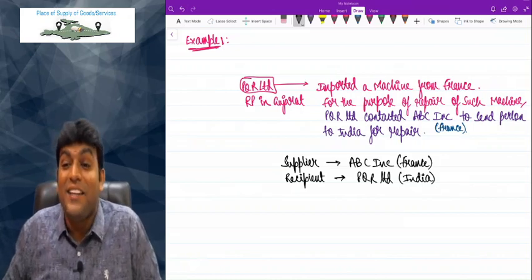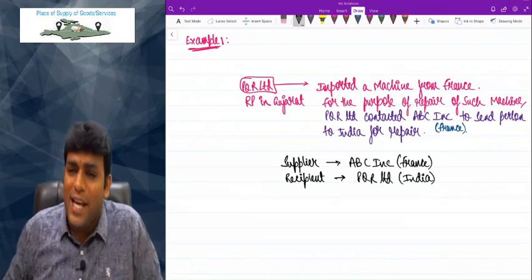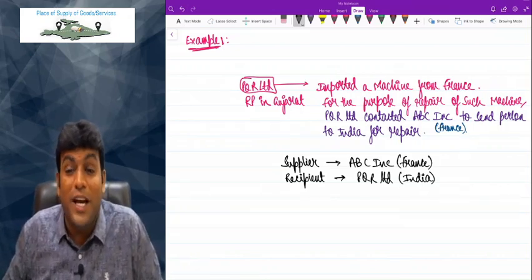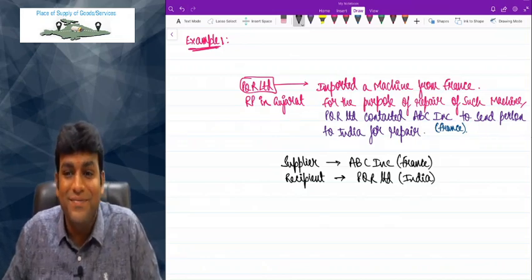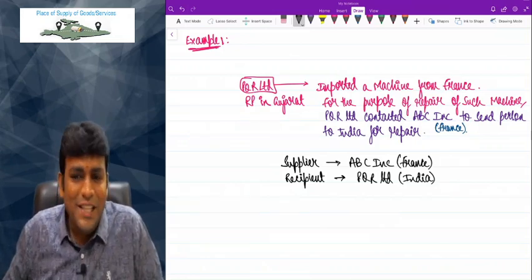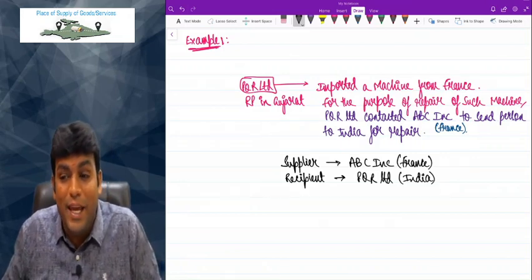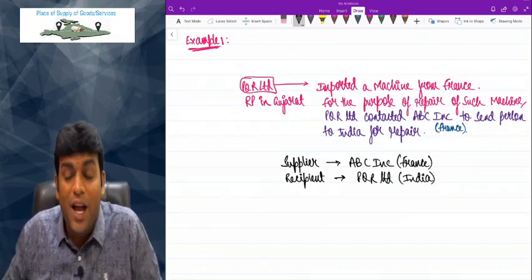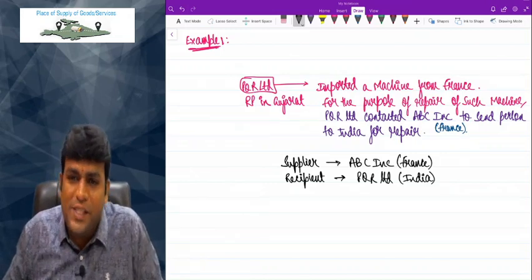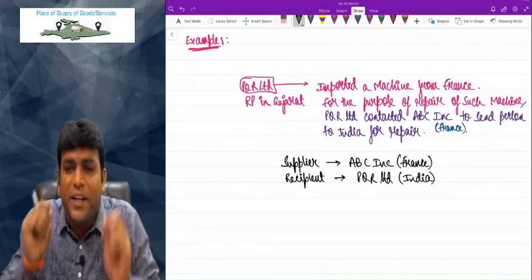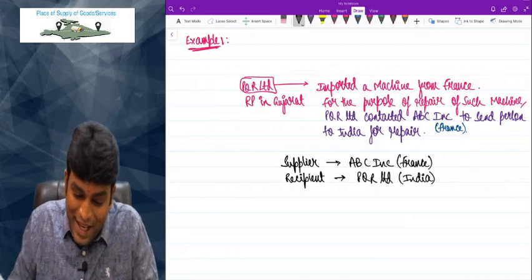Correct or not? And in this particular case, my dear friends, service is done on the goods which are physically made available. Service is done in respect of goods which are physically made available because ABC Inc. has sent one person to India. To that person, the goods are physically made available and they have done the repair. Correct or not? Exactly.